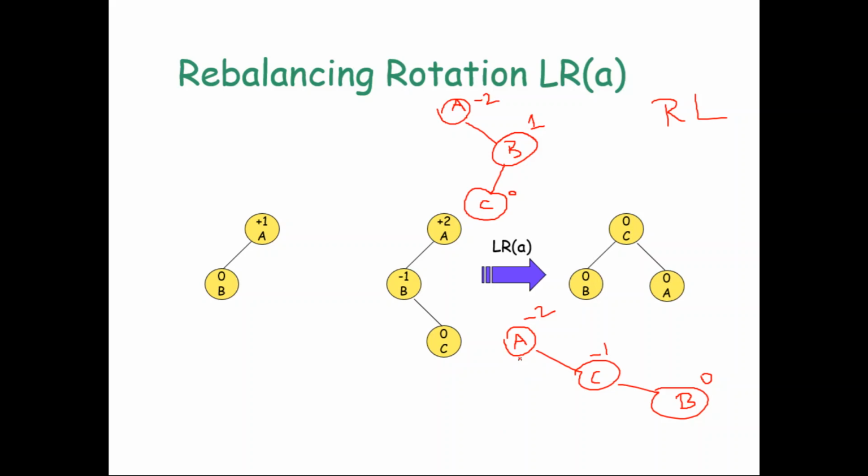A will become the left child of C. As a result what you will get is C, A and B. So this is a balanced tree. So this is case 1 for RL.